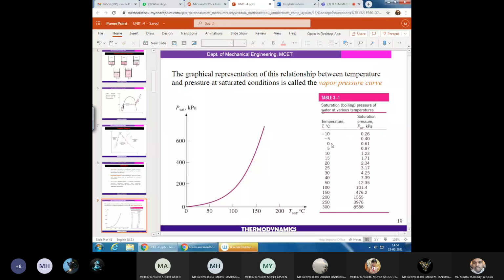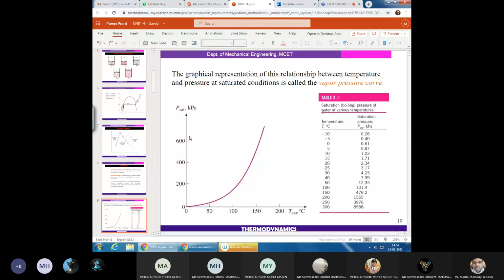Means if you see, if the pressure is 0.4 kilopascal, then at minus 5 degrees centigrade it starts boiling. Got the point? If you decrease the pressure, the boiling temperature is also decreasing, and if you increase the pressure, let us say instead of 100 kilopascal, if it is 476 kilopascal, the boiling temperature is 150 degrees centigrade.